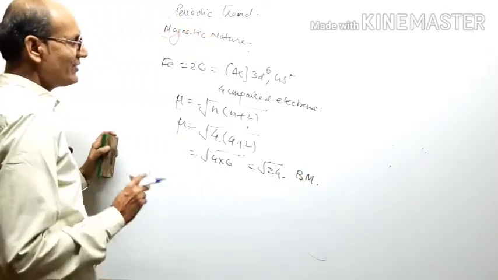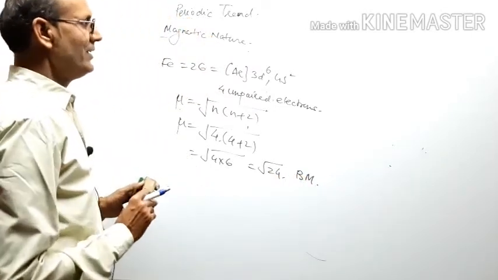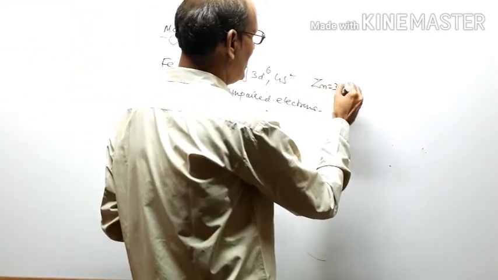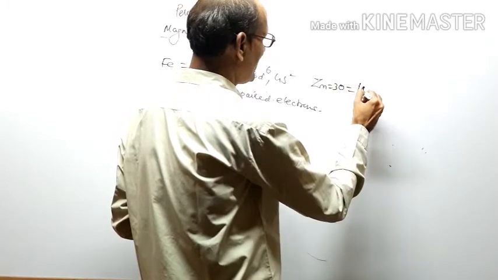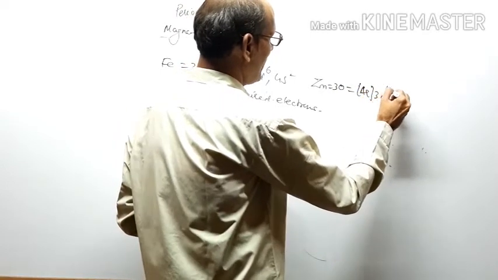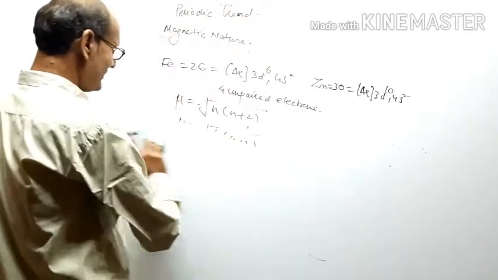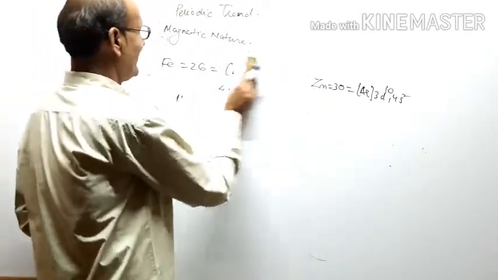But in case of zinc, please write down Zn 30. Its electronic configuration is Ar 3d10 4s2. You have to see that there is no unpaired electron in this case.